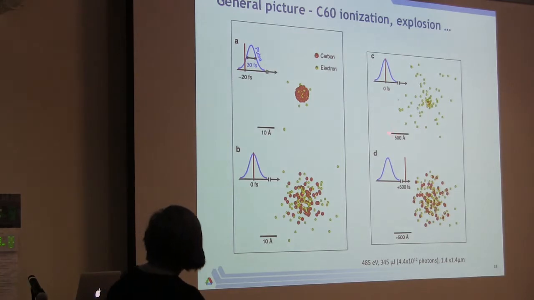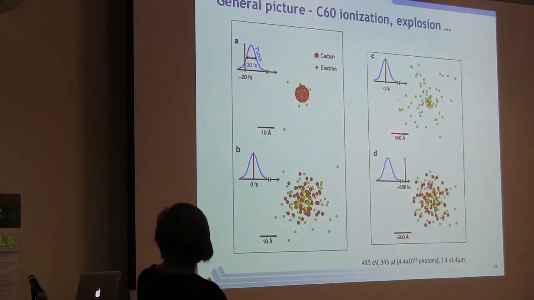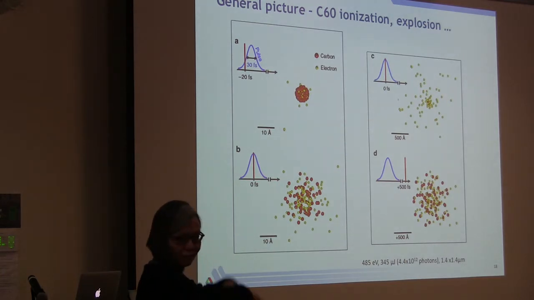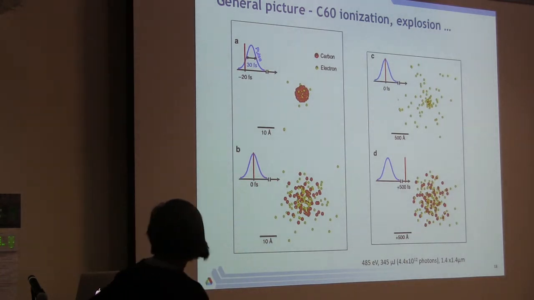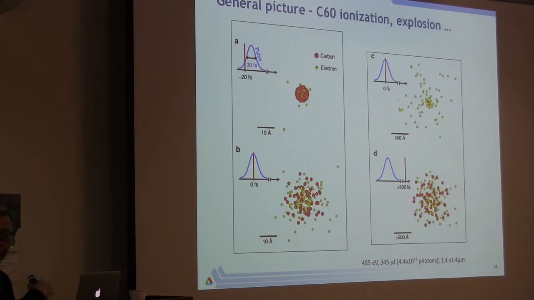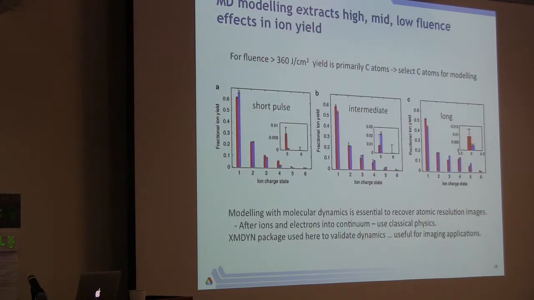If you go over to the larger spatial scale, you can see at that exact same time, the electrons are everywhere, right? And then by the end of the pulse, of course, the ions have caught up and they've exploded everywhere too. But in order to model this particular experiment, you have to follow everything through all the way out to the long time scales, because it's not just that femtosecond pulse.